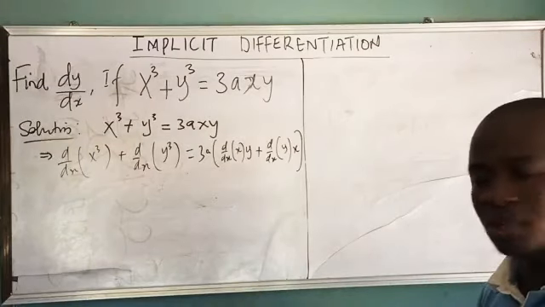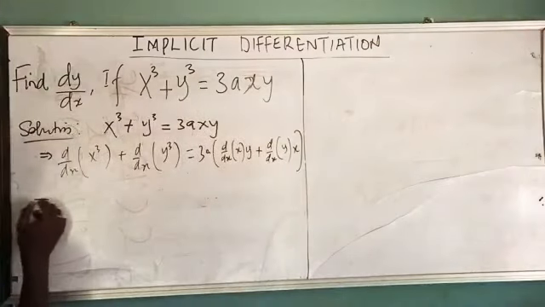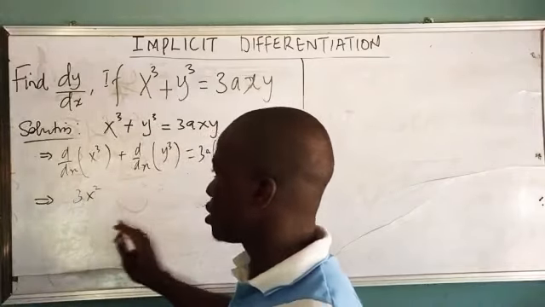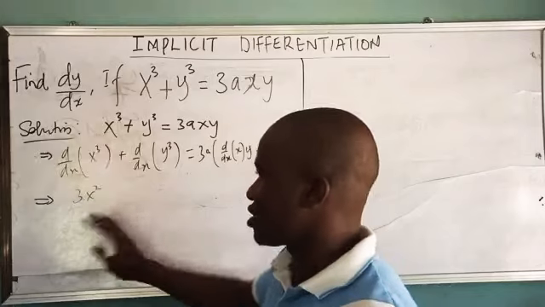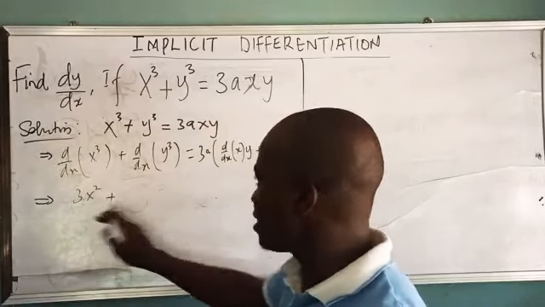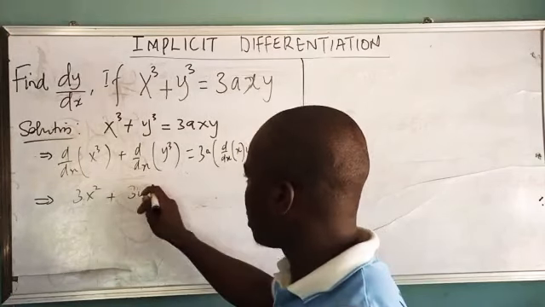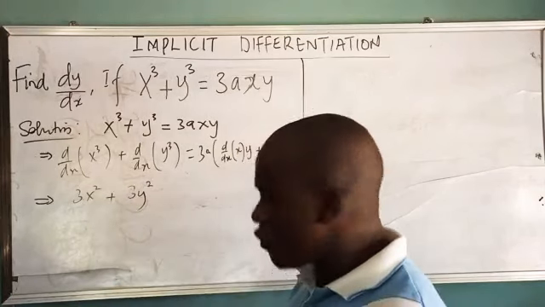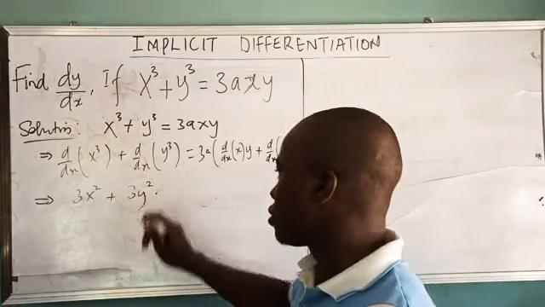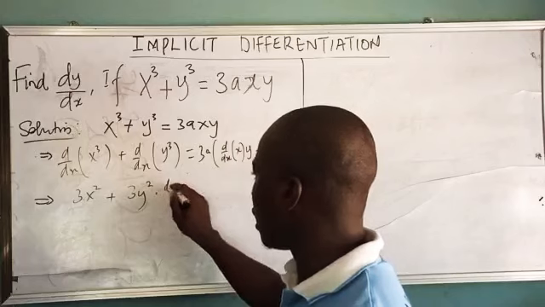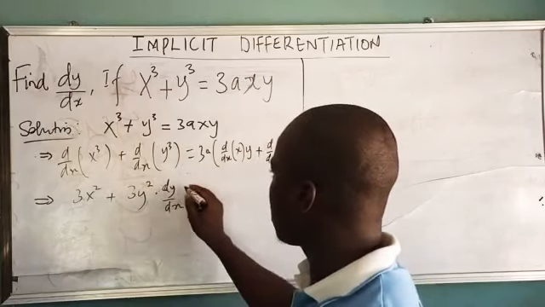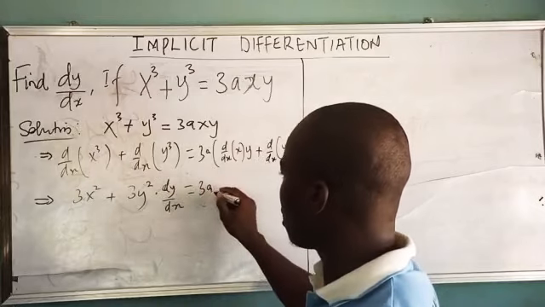Solving this further, differentiating x cubed gives 3x squared, purely x, plus differentiating y cubed gives 3y squared. But do not forget that this is the variable y, therefore multiply by dy/dx. So 3x squared plus 3y squared dy/dx equals 3a.